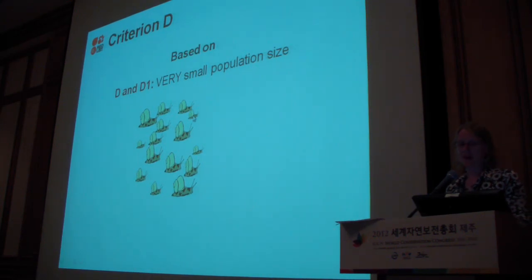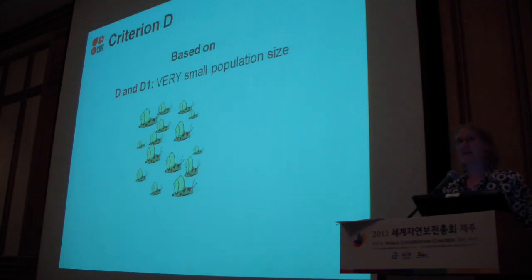So it is enough to have an extremely small population size to qualify as one of the threatened categories under criterion D or D1. So for critically endangered, if you had a population size of less than 50 mature individuals left, you would use critically endangered D. You don't know if it's declining, you don't know what threats are there, you just know there's less than 50 mature individuals left.